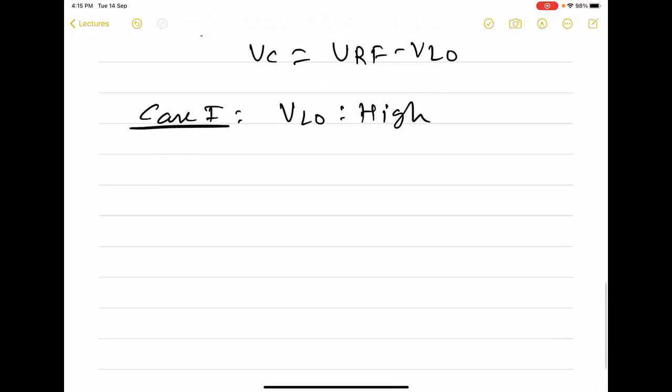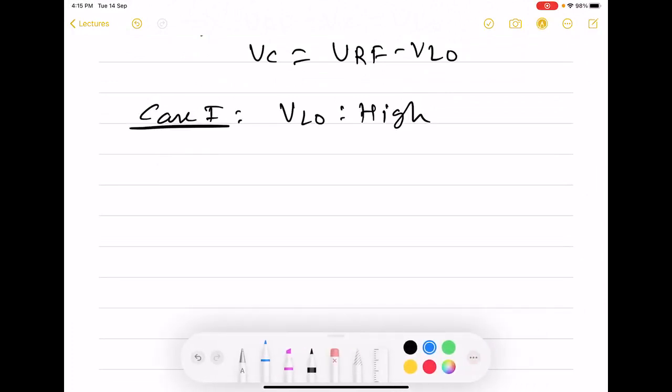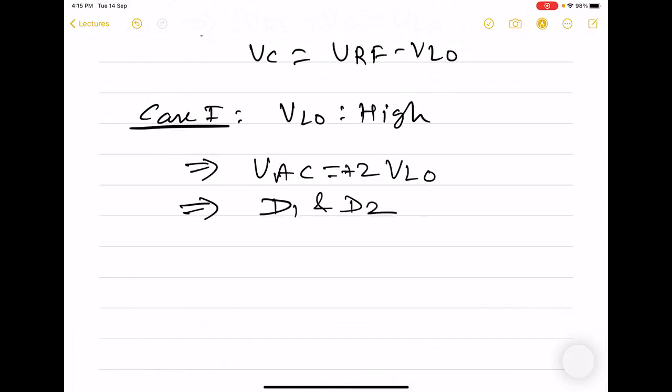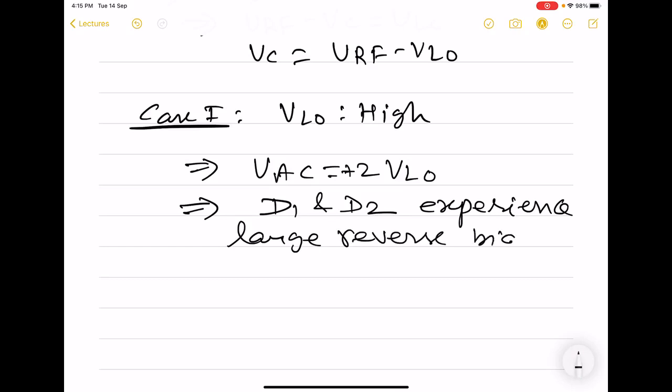For this case, VAC in fact is going to be equal to 2 VLO. To be more precise, plus 2 VLO. So this implies D1 and D2 are in large reverse bias, so D1 and D2 are going to be off.